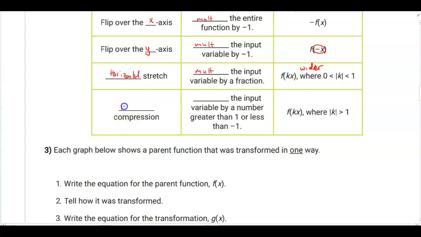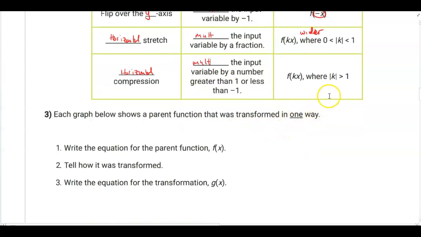If we have a horizontal compression, what we're doing is we're multiplying the input variable by a number greater than 1 or less than -1. Okay, so this is where we're basically multiplying the input value, not the function.